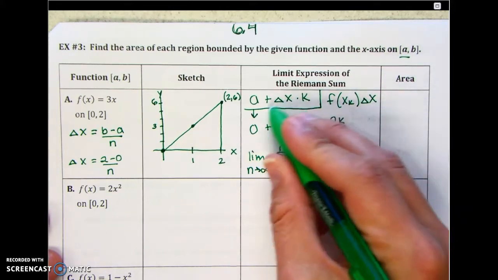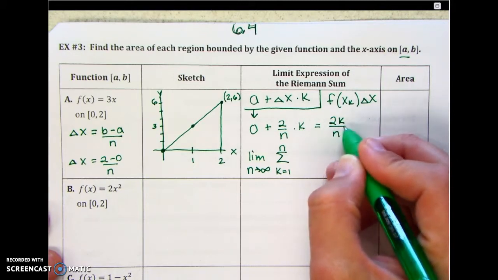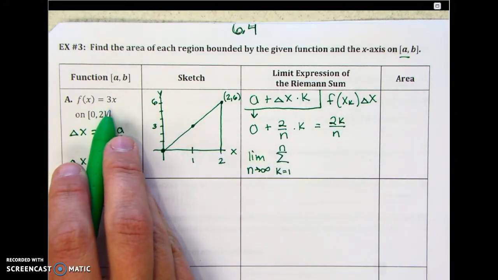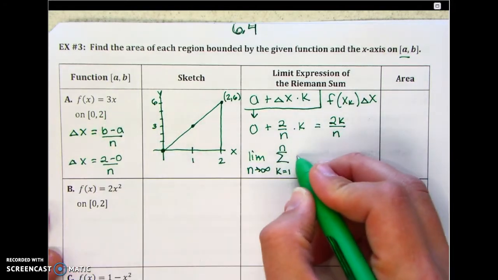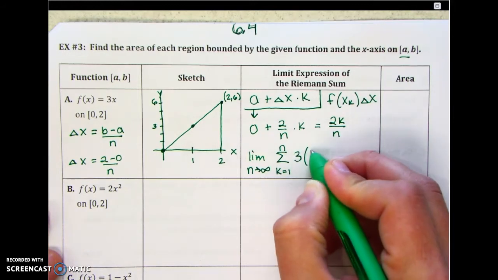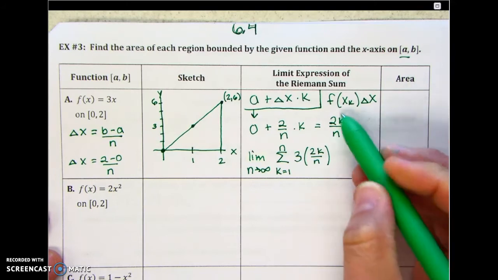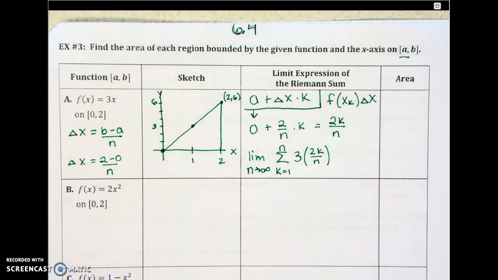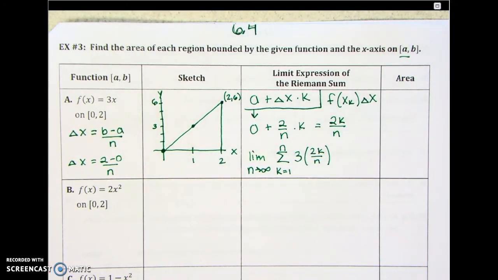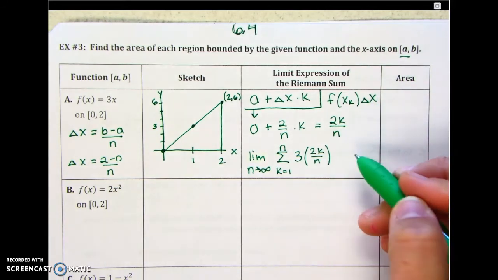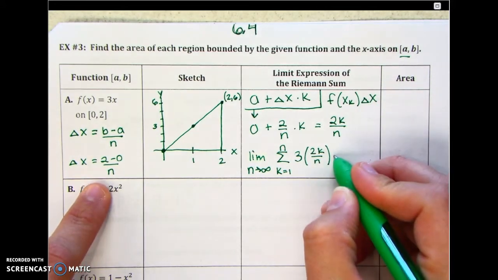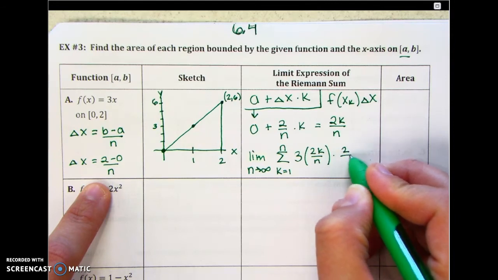Okay, what do we do with this? 2k over n we plug into the function. So the function was 3x, so it becomes 3 times 2k over n. That's our f of x sub k. And then we're going to multiply that by the change of x. And the change of x was over here, 2 over n.